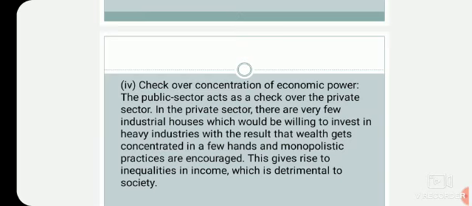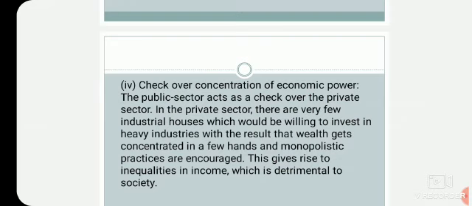Only one seller and a large number of buyers. Then what happens? Being the one seller, he is going to dominate the market. So whatever prices he fixes, customers do not have any choice. So customers are ultimately going to face the burden.